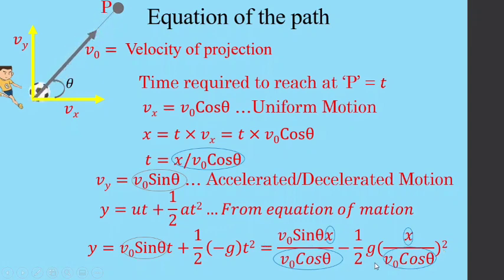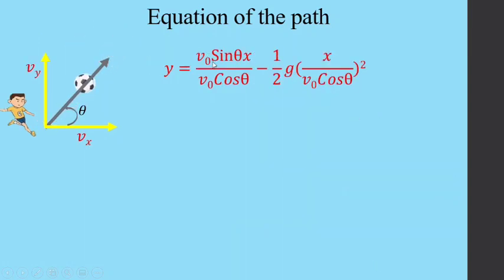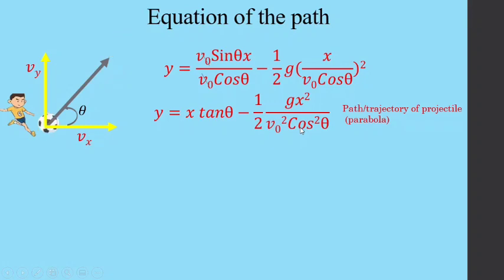Let us write this equation on the next slide as it is. This Vo will get cancelled and this becomes x tan theta, because sin theta divided by cos theta is tan theta, and this term remains as it is. So writing this again, we get the path of the projectile, or the equation of the projectile, that is y equals x tan theta minus half of g x square divided by Vo square cos square theta.